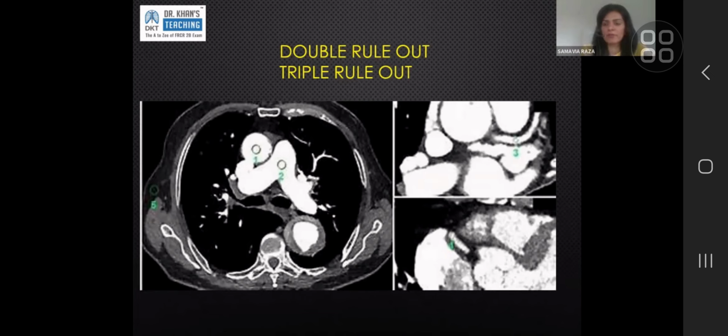The way to do it is different based on what scanner you have. The triple rule out needs a better quality scanner and more vigilant supervision of the scan. How can you do them? If you have a slightly middle-grade scanner, you do it like a CT aorta, but you keep the contrast running for longer and slower.